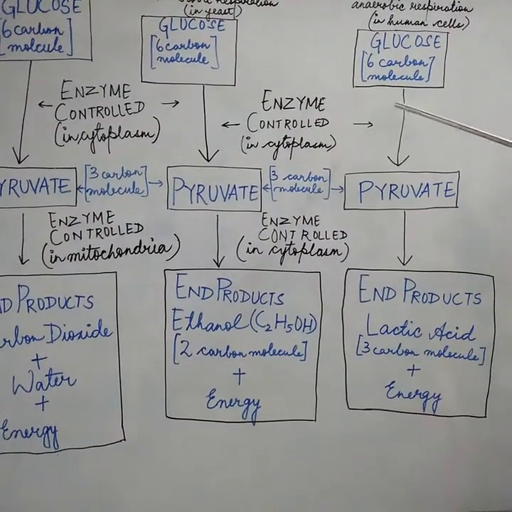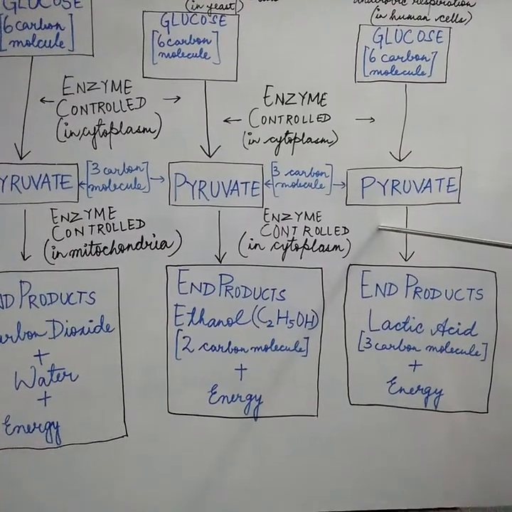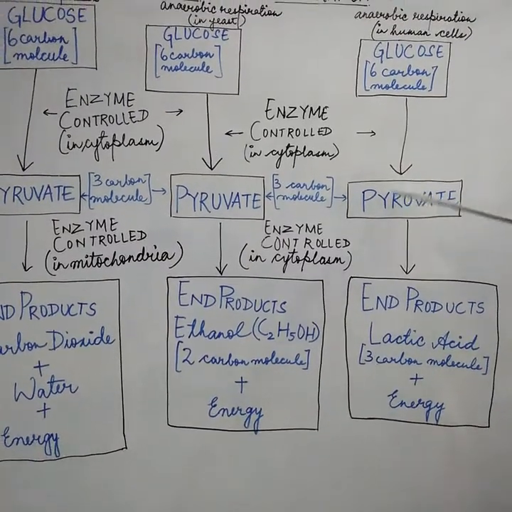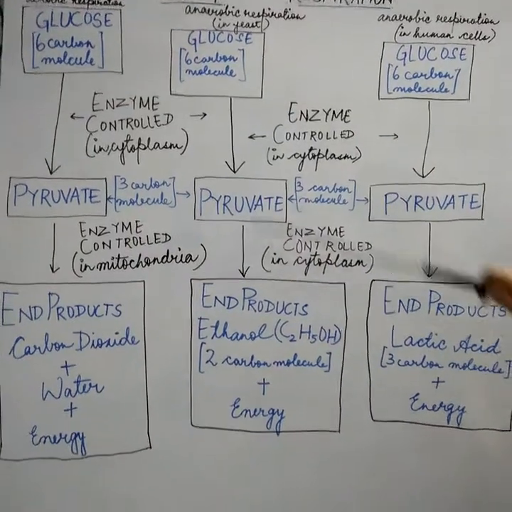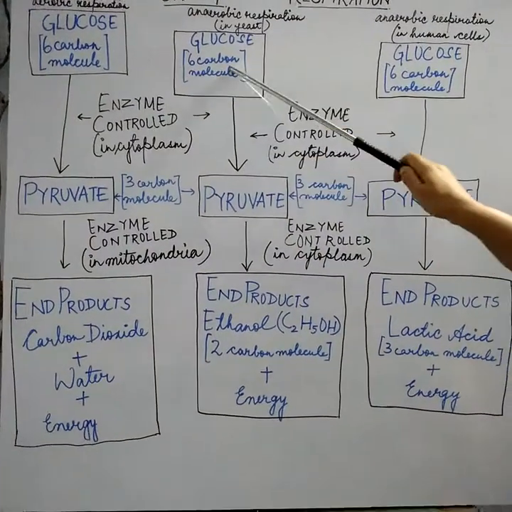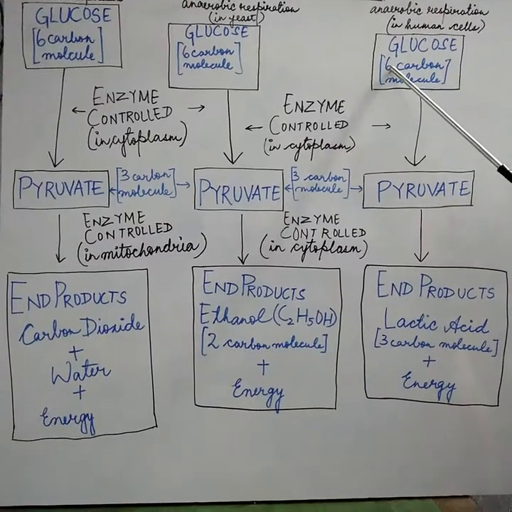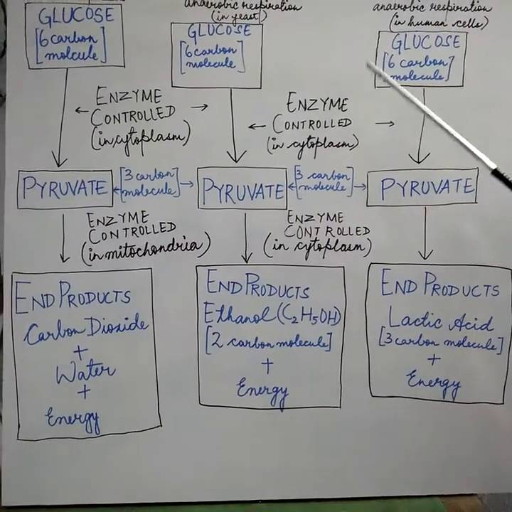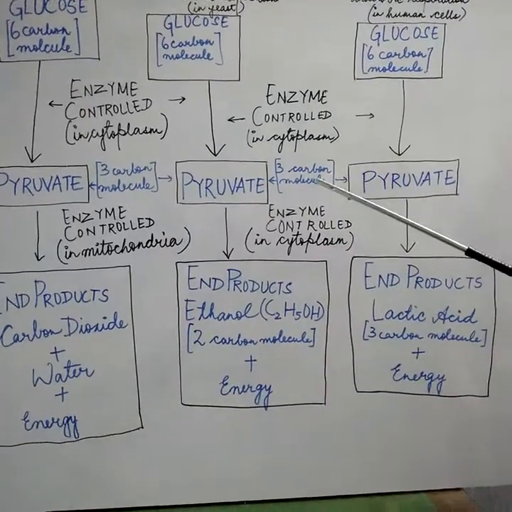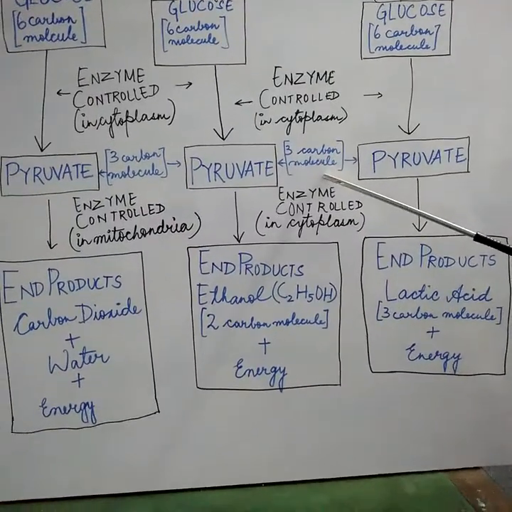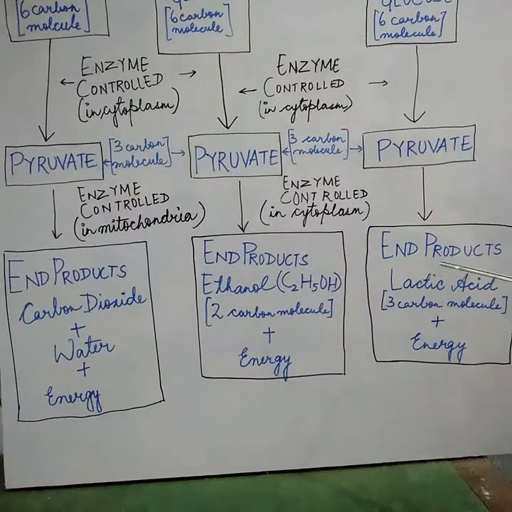And both these steps occur in the cytoplasm of the cell. And we know that in all these three pathways, what happens? Glucose, that is 6-carbon molecule compound, is first converted into pyruvate, that is 3-carbon molecule compound.